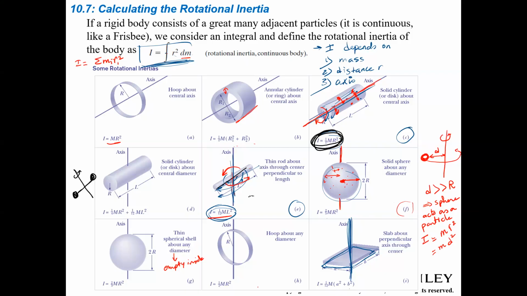Now, if I had multiple particles, let's say I had a point here and a point here, and they are connected together. So it's like a stick and two spheres at the end. You can say this is, I don't know, a nitrogen molecule, and this whole thing is rotating. How do I find the rotational inertia here?